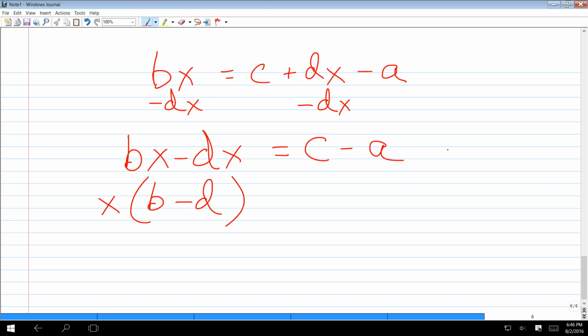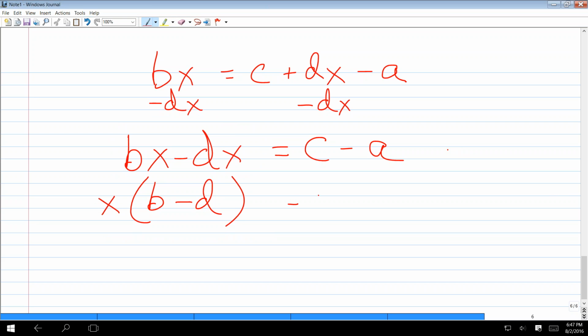Remember, always be checking. In other words, is this the same as that? That's what I want to make sure, that I don't change it. And it is. In other words, if I were to take this and multiply it back together again, I would get bx minus dx. Okay? Yeah. Now notice what happens.